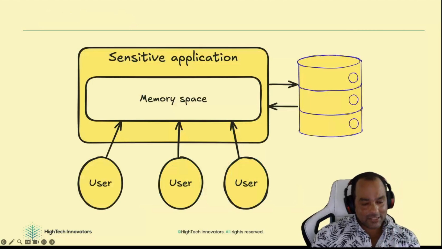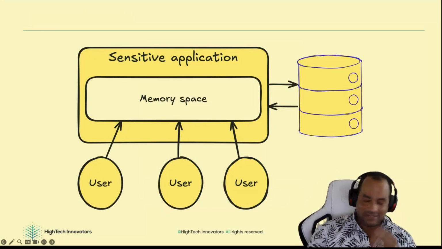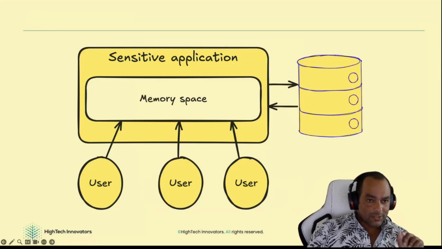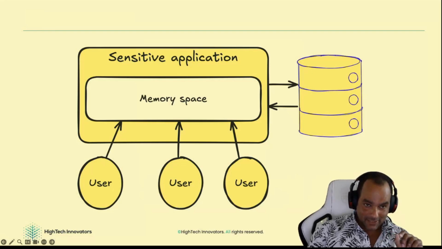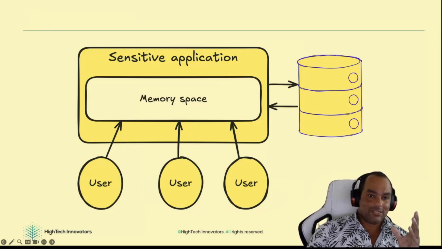So that's one side of the story. Another side of the story is if you have an application, it doesn't matter what it is. You have some server, you have some clients, you have some database. All the traffic goes through the same memory space, right? So those different users can be getting and retrieving data from the database, and you don't want one user to see another user's data. Well, that's our job, right? To get that right.